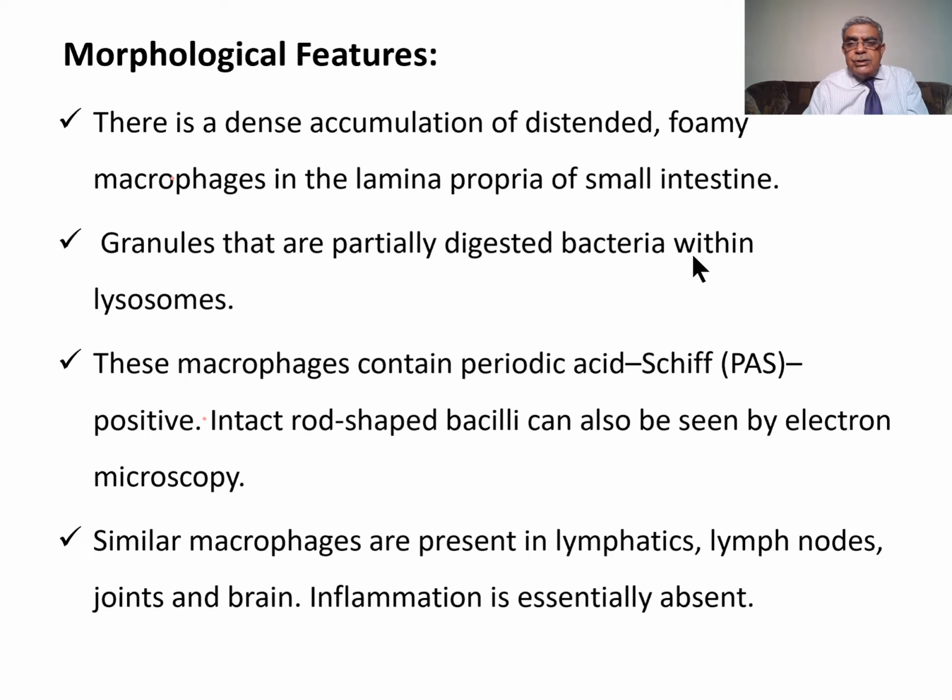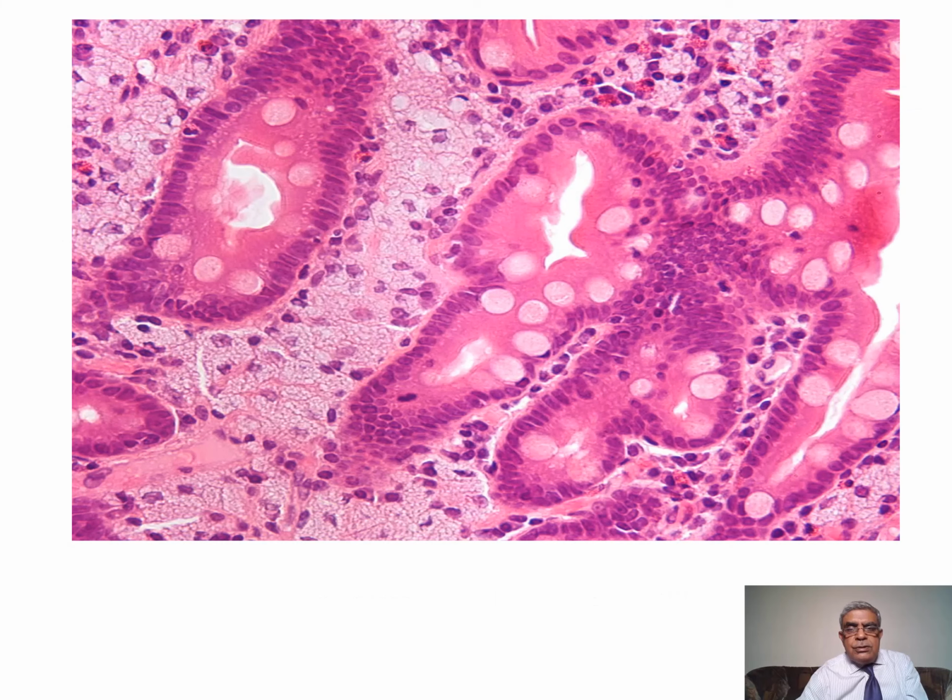Intact rod-shaped bacilli can be seen by electron microscopy. Similar macrophages are present in lymphatics, lymph nodes, joints and brain. Inflammation is absent.